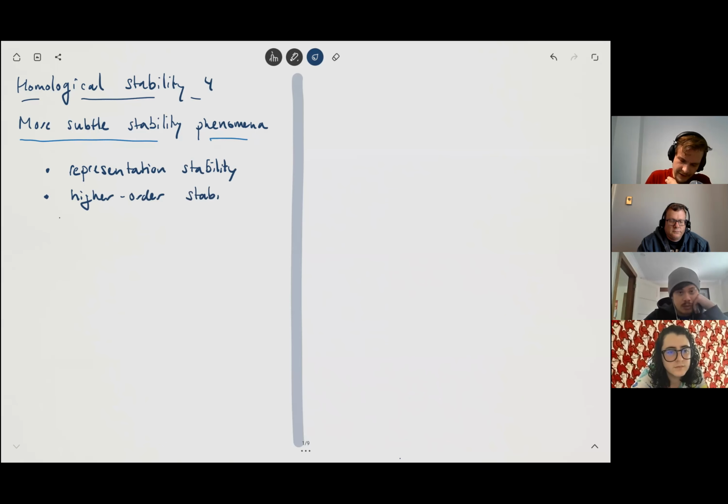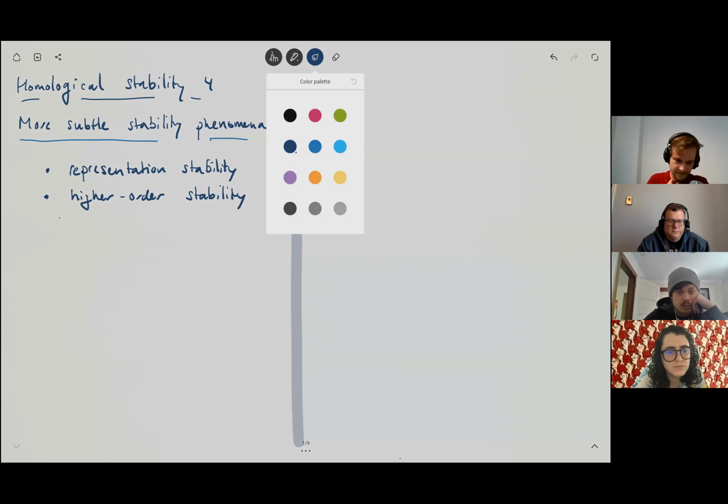And in both cases, I'll work through a particular illustrative example. I will not try to explain how you prove these statements or even what the general theory is, just because there's really not enough time for that.